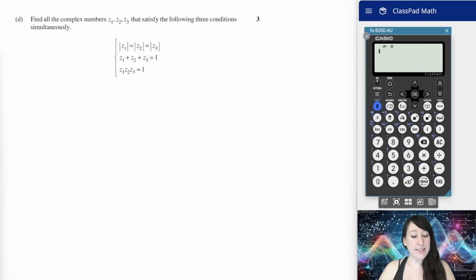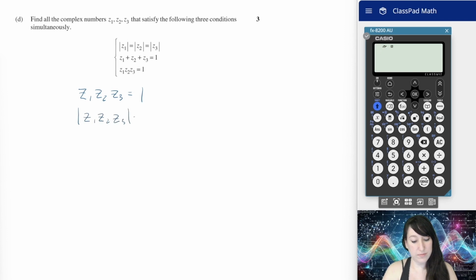Okay, let's see what we can learn from putting the first and third facts together. We know that the product of the three complex numbers is equal to 1. And let's consider the modulus of the product. So the modulus of the product will equal 1.